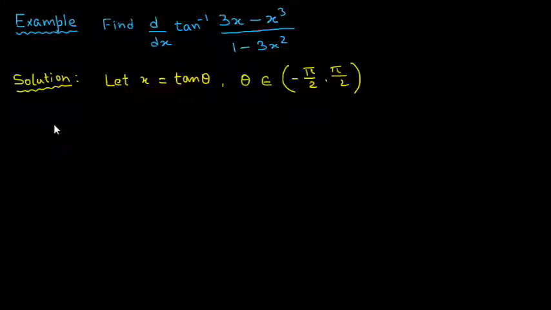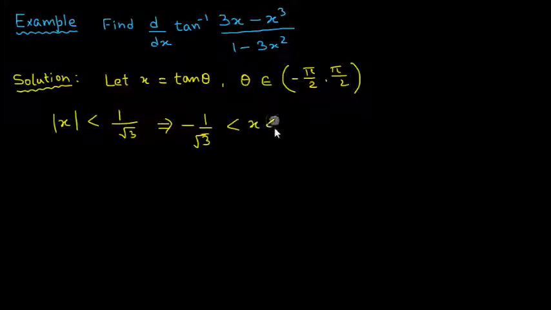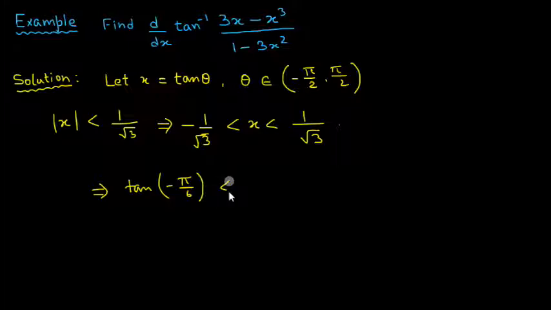So we can write modulus of x is less than 1 by root 3, which implies that x lies between minus 1 by root 3 and plus 1 by root 3, which implies that theta lies between minus pi by 6 and pi by 6.